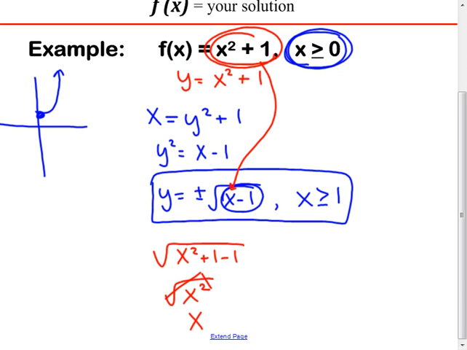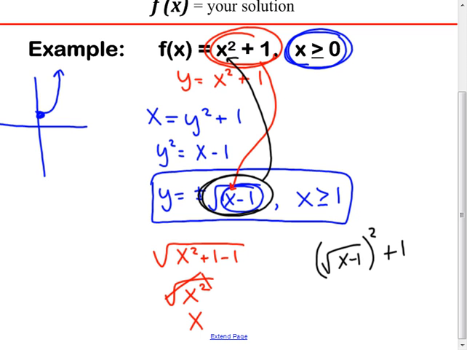When you go the other way around, you will take this one and plug it in here. So then I have the square root of x minus 1, squared, plus 1. And when you square a square root, that just undoes itself. So I have x minus 1 plus 1, which of course just comes out to be x.